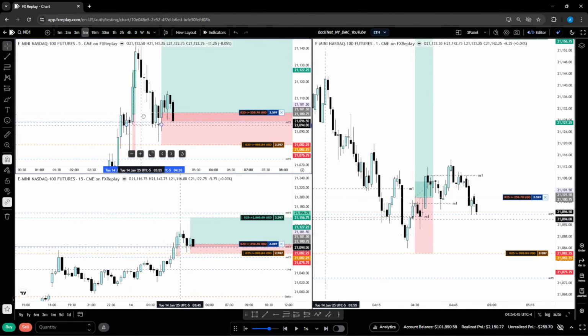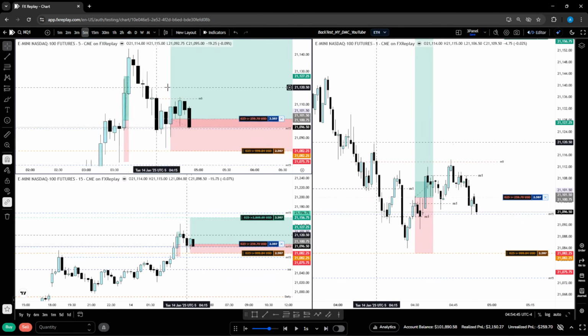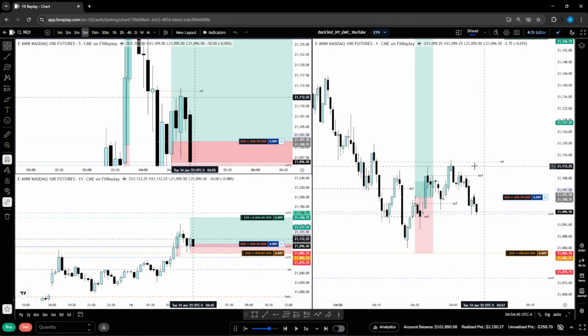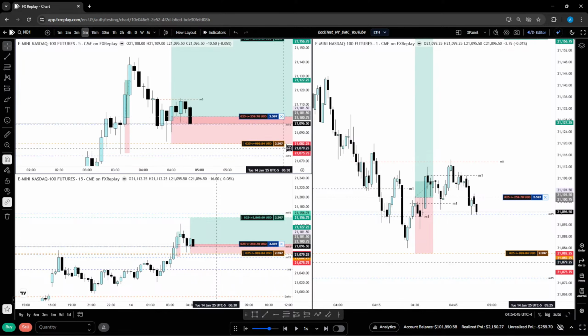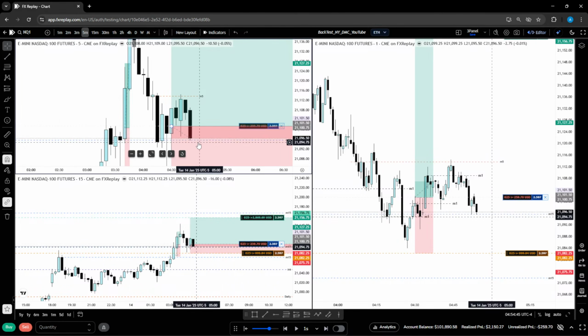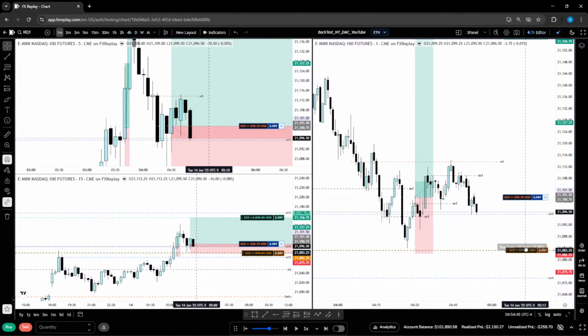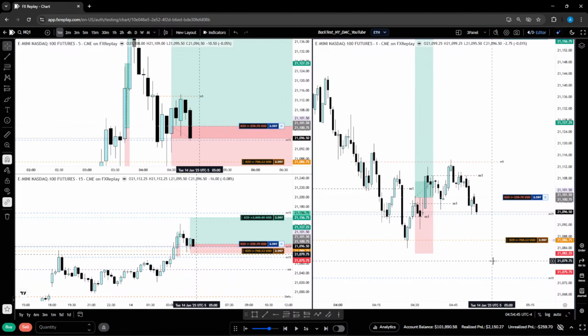So what happened is we went up to this 5-minute level and we couldn't break above it, and we started breaking down. So really we should not come back down here.